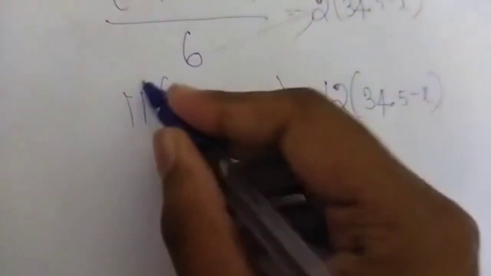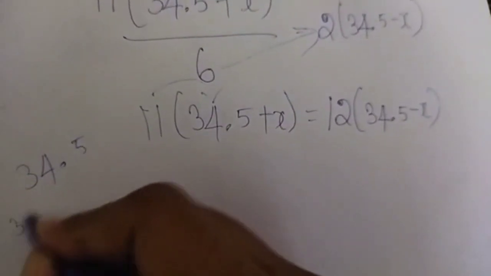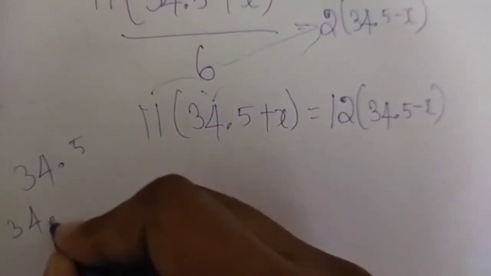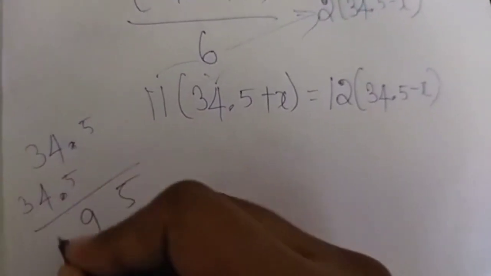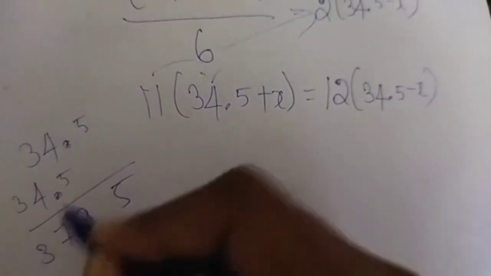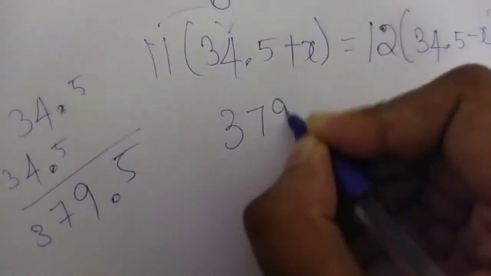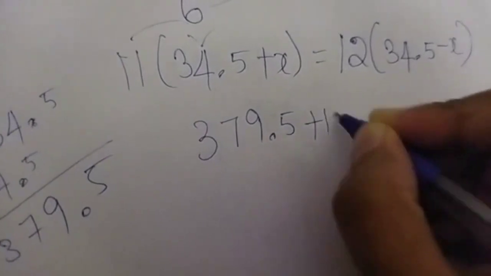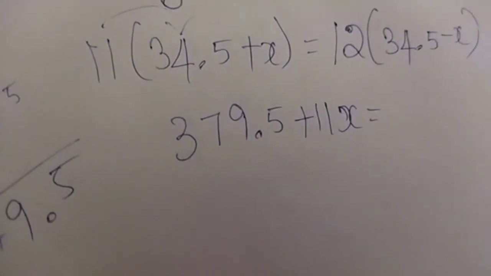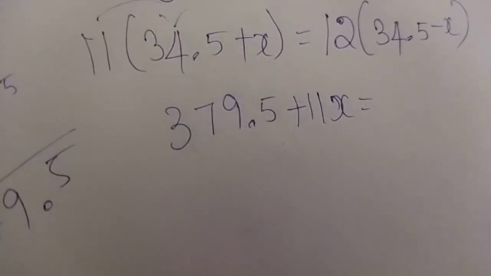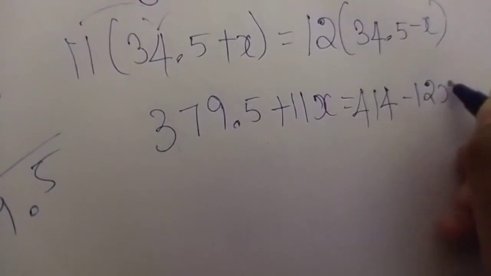Multiplying 11 inside, 379.5 plus 11x is equal to 12 into 34.5, which is 414, minus 12x.